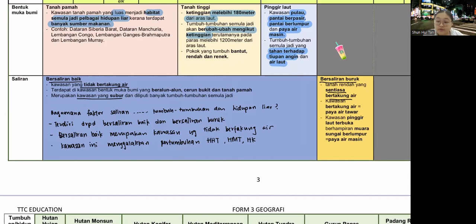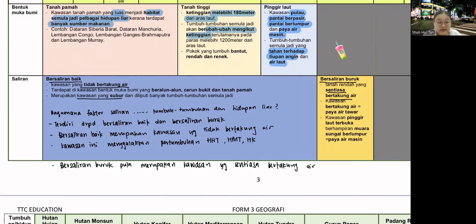Alright, then you follow with your saliran buruk. So you can see kawasan saliran buruk pula, merupakan the opposite. Merupakan kawasan yang sentiasa bertakung air.